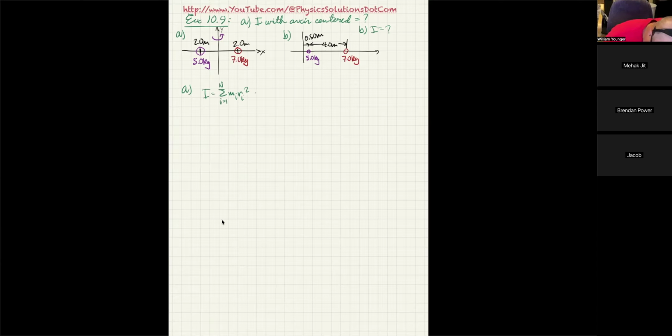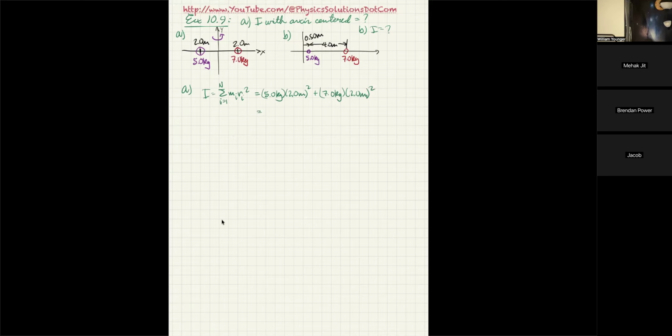So in this case, we're going to write that we actually have the 5 kilogram mass 2 meters away, so it's 5.0 kilograms times 2.0 meters squared, plus we have the 7.0 kilogram mass, and that too is 2.0 meters away, and I'm going to square that.